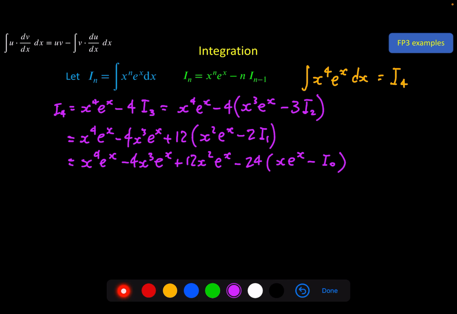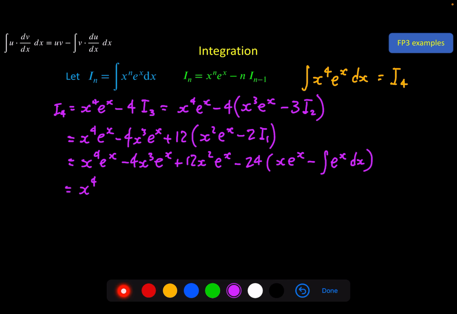Now, we've got I0, but I0, if you put a 0 into the reduction formula, x to the n becomes 0, and there's a 0 times this, so what we're going to have to do is go back to the original idea and put 0 in here instead, because the reduction formula is going to break down at some point. And that is when this becomes x to the 0, which is just 1. So I0 is just the integral of e to the x, which is where we expected this process to finish. So instead of I0, I'm going to write integral e to the x dx.